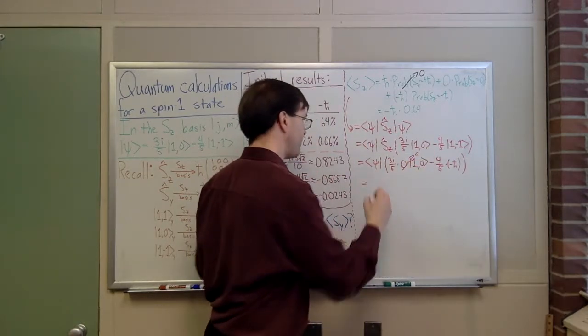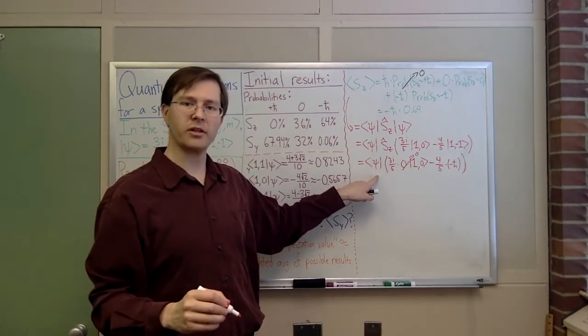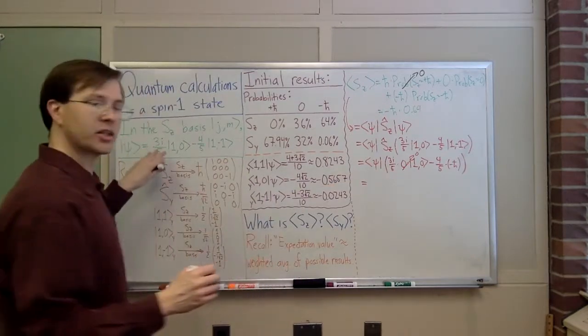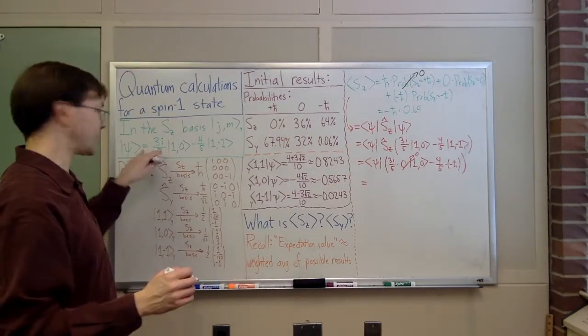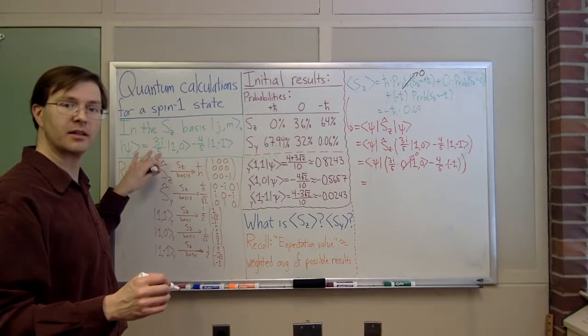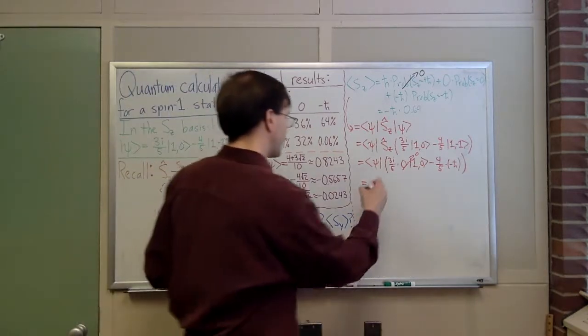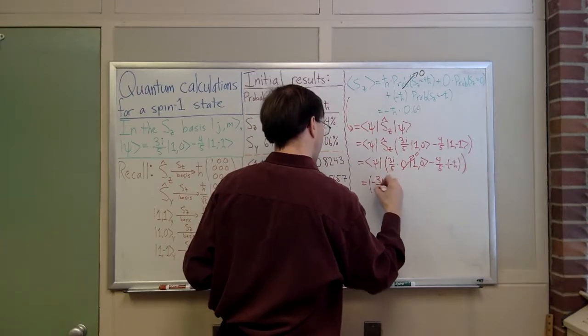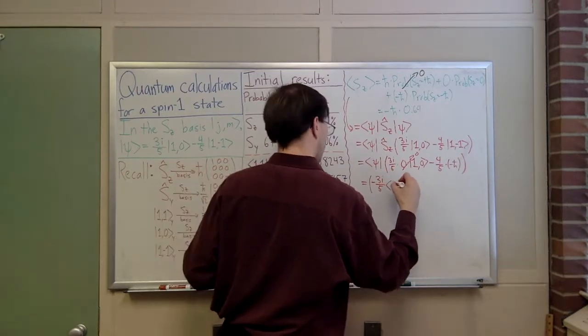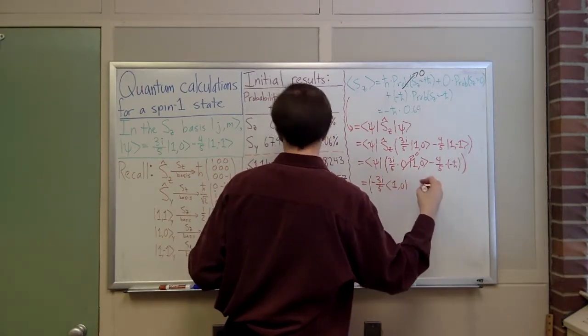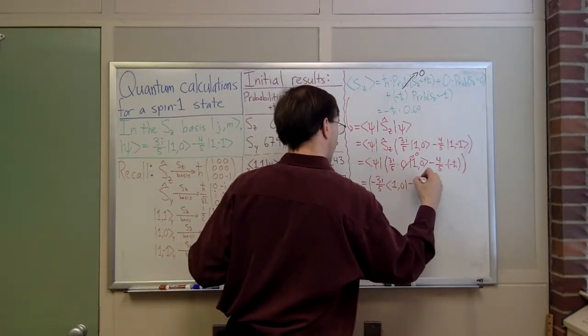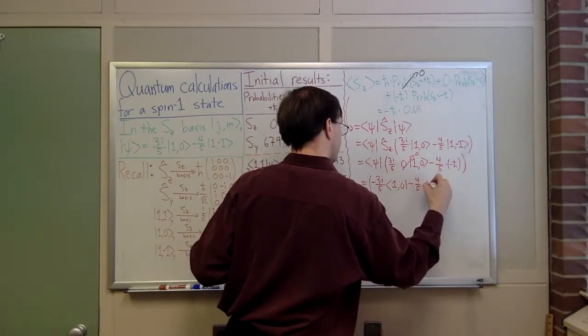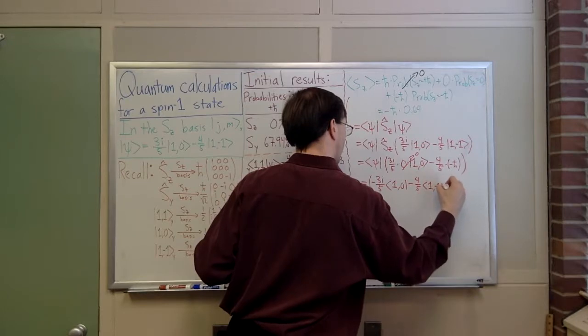So now I'm going to put in the bra version of psi. Remember, it's the conjugate transpose in matrix form. I take the complex conjugates of the coefficients to get the bra form. And so this left-hand side becomes minus 3i over 5 times the 1, 0 bra. And then just the same old minus 4/5 times the 1 minus 1 bra.